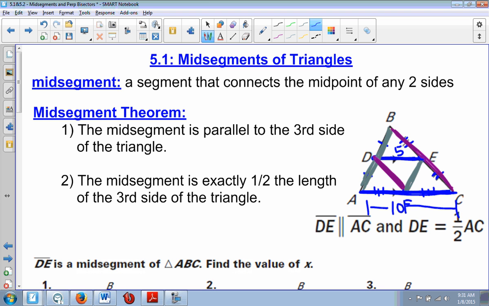It's exactly half of that third side length. Same thing works the other way around. If I told you that EF was 6, that would mean from B to A would be 12. Okay, so the mid-segment is half the distance of the third side of the triangle. And that's true in any triangle that you can draw a mid-segment in.